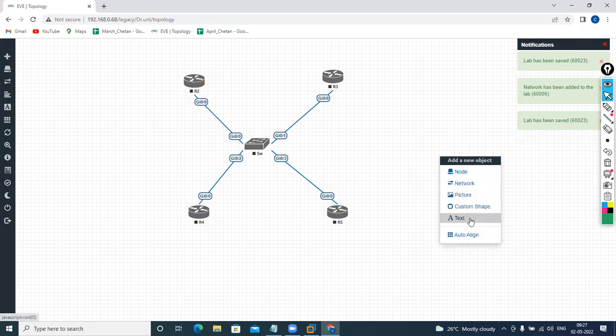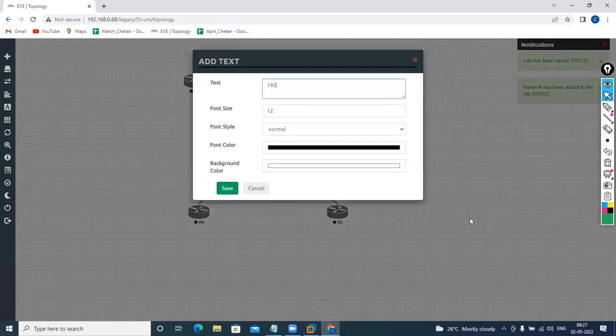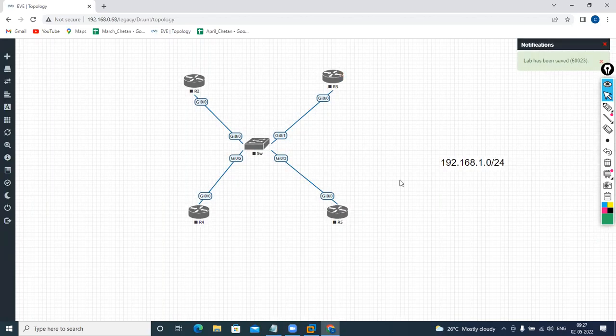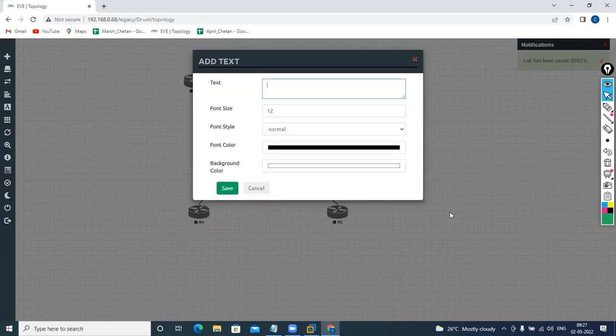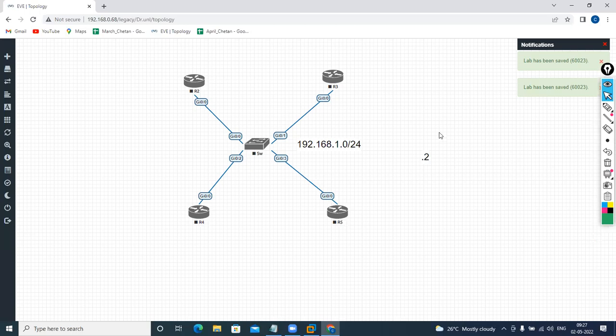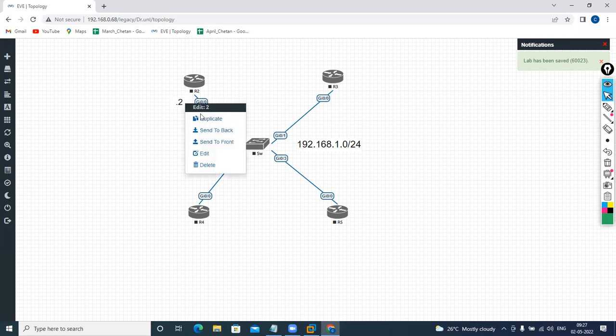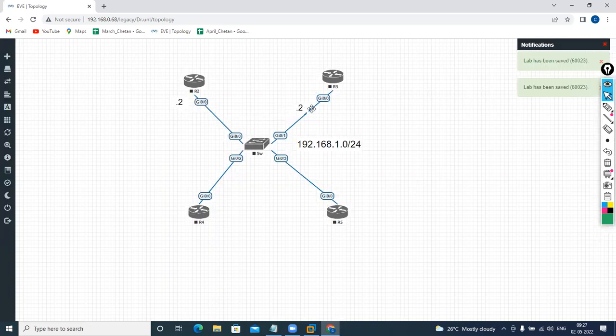Okay, so let us consider the network 192.168.1.0/24. R2 will be .2, R3 will be .3.